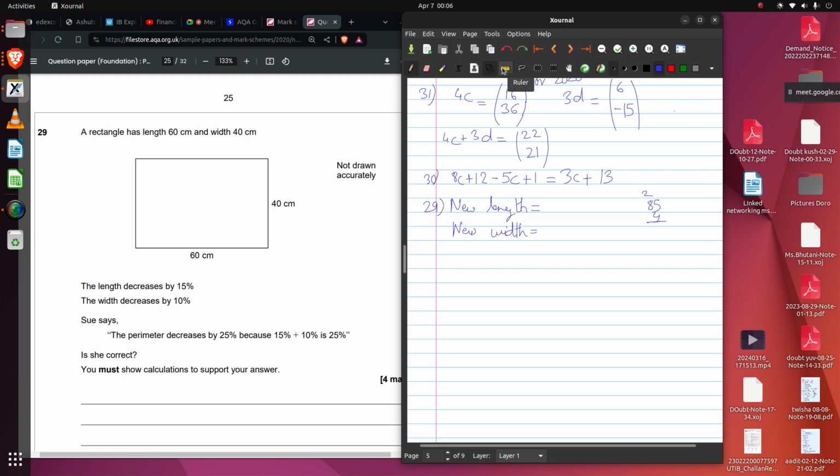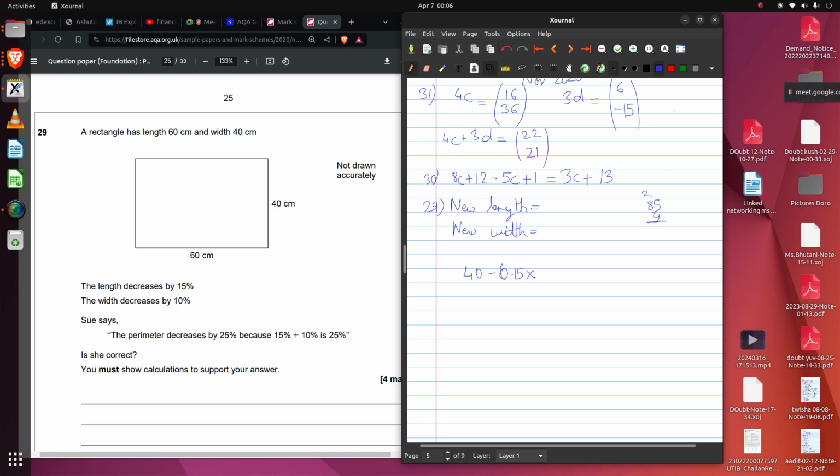So is this correct if I do 40 minus, 40 minus what? 0.15 only. That's it.